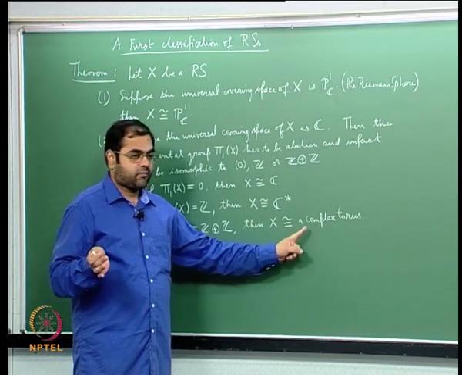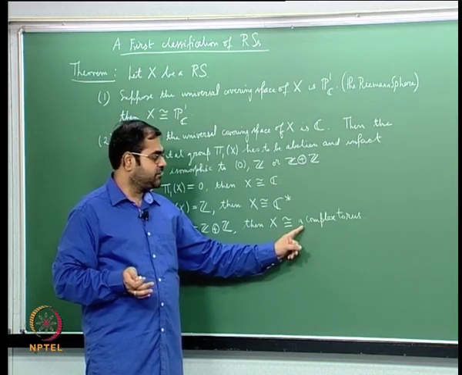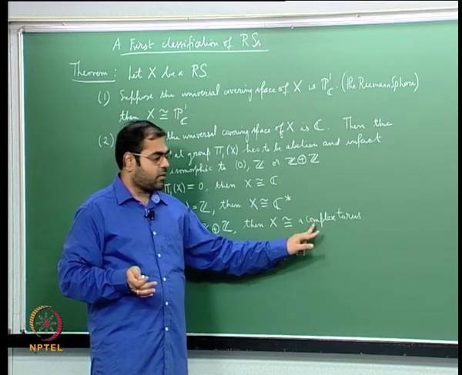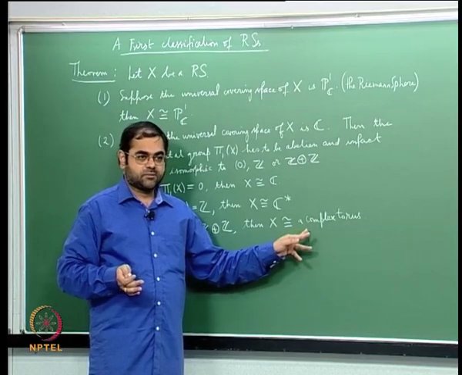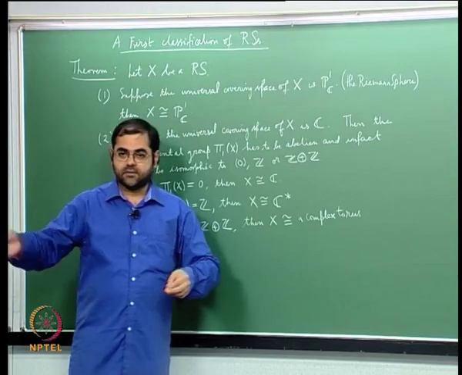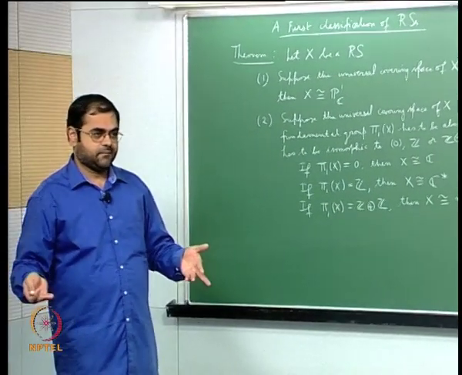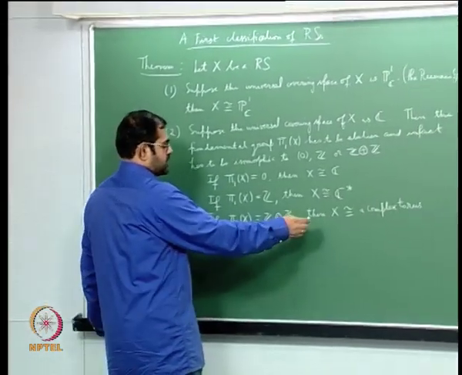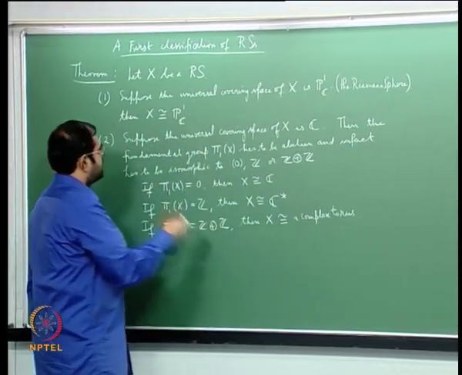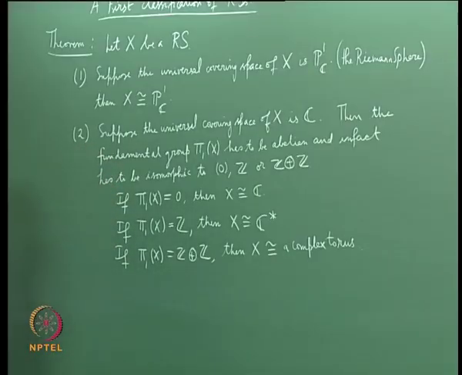So that complex torus could be one among many depending on X. So these are the cases when the universal covering space is the complex plane.